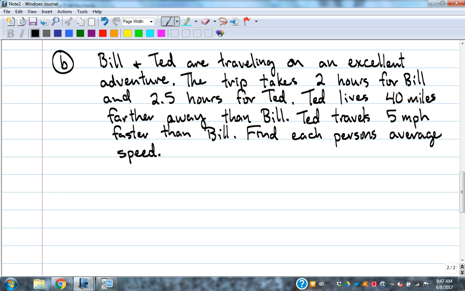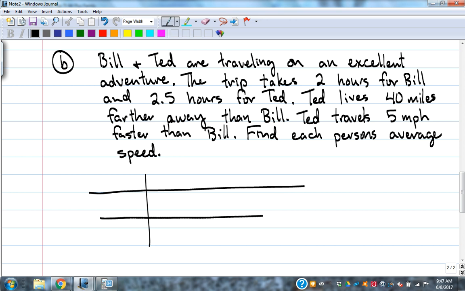Okay. So one of the best ways to approach one of these problems and to organize yourself, and maybe if I'd had this when I was in high school, a way to organize my thoughts, I would have been better at word problems than I was then. You got Bill and you got Ted. So I'm going to make a little chart here.